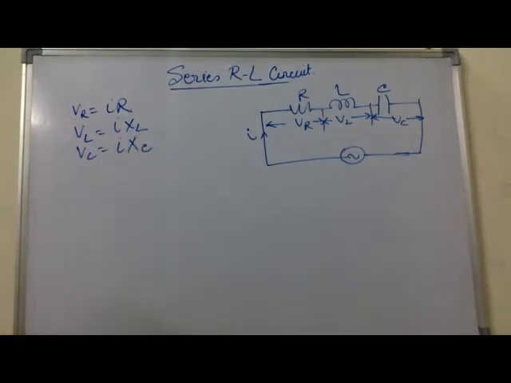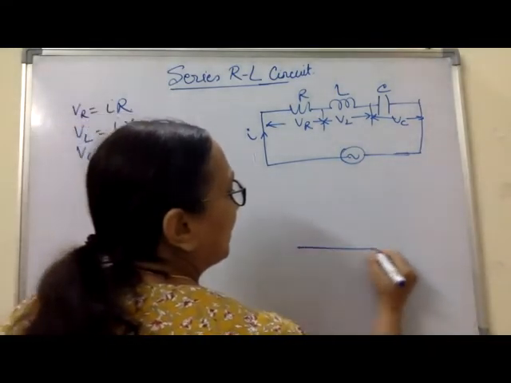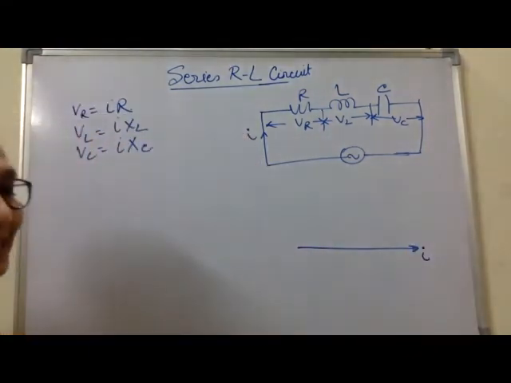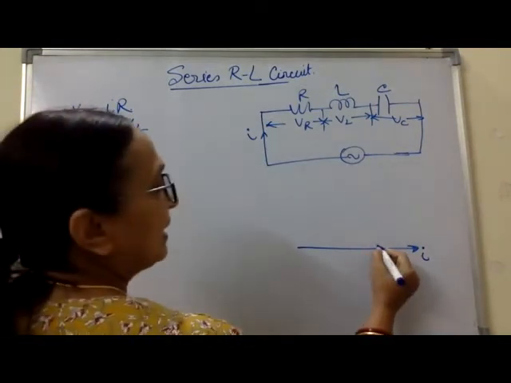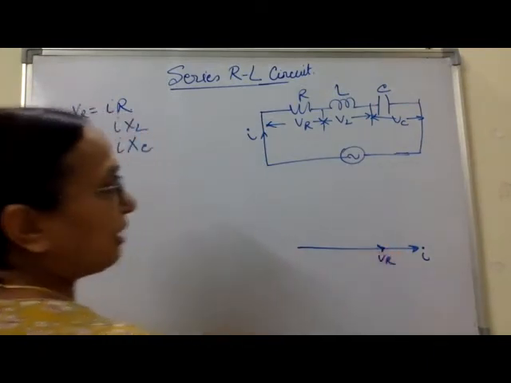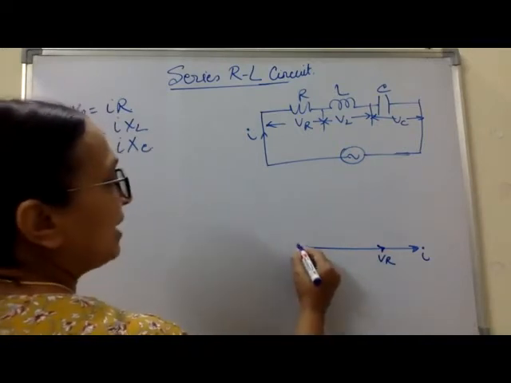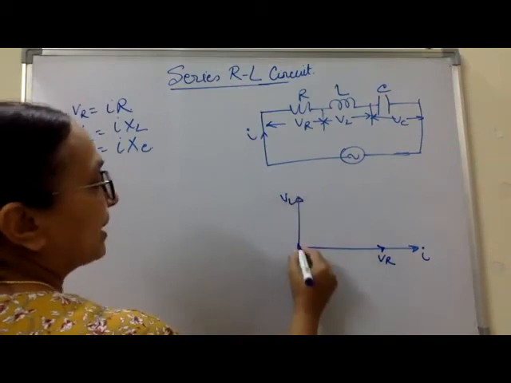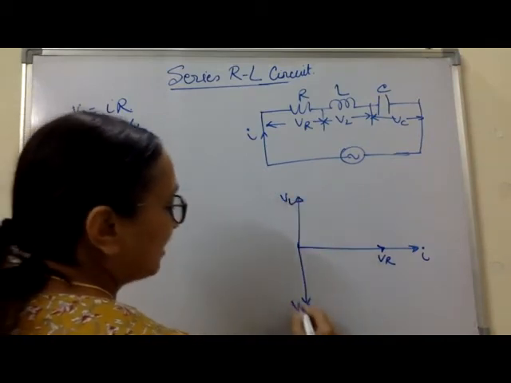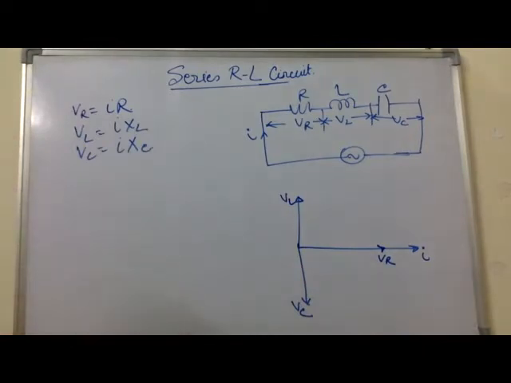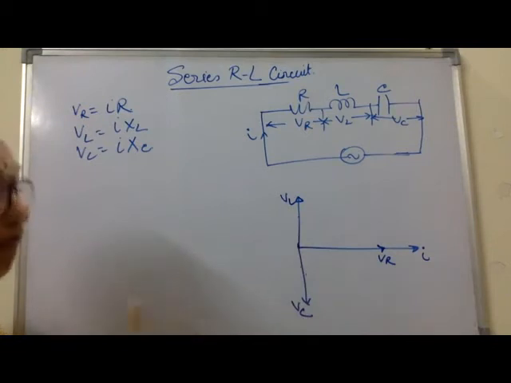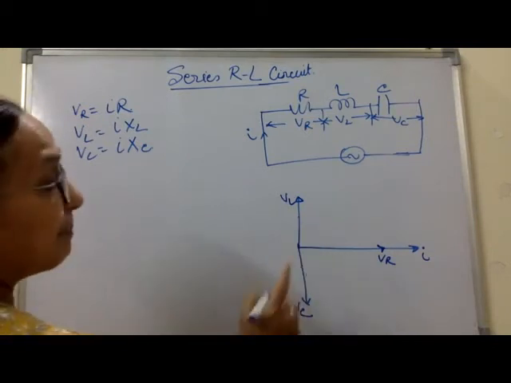When you draw the resultant phasor diagram, we take the series circuit current as the reference. The voltage drop across the resistor will be in phase with the current. The voltage drop across the inductor will lead the current, but the voltage drop across the capacitor will lag the current. Because these are in phasor opposition, whichever is greater in magnitude decides the nature.